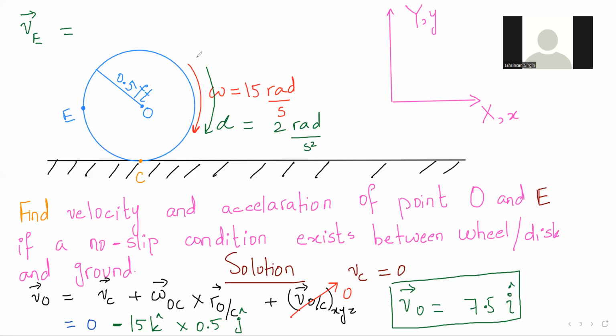So he's right actually. VE equal to VO plus omega, the point C doesn't matter, can't care less, cross the position of E with respect to C, plus, again, from here onwards, it's a joke. Don't even write it.